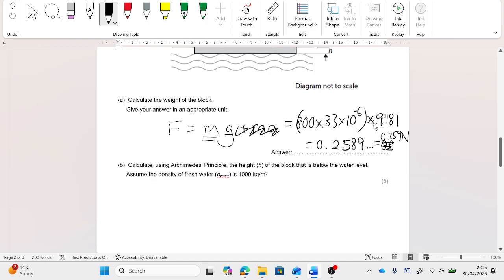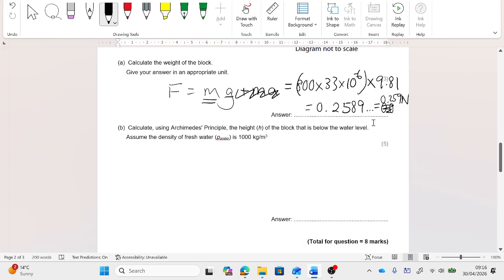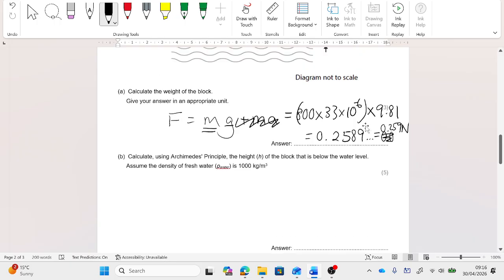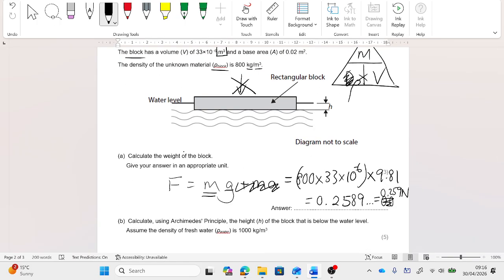Okay, for the next part, calculate using Archimedes' principle the height h of the block that is below the water level. Basically, when you put an item on a fluid, it might submerge fully or it might submerge partially.